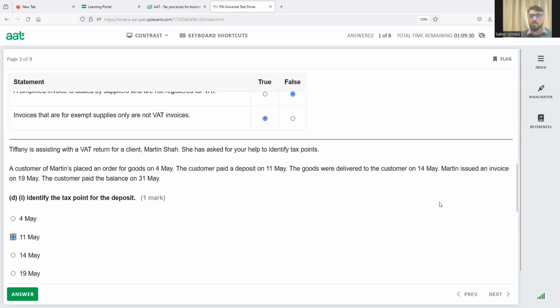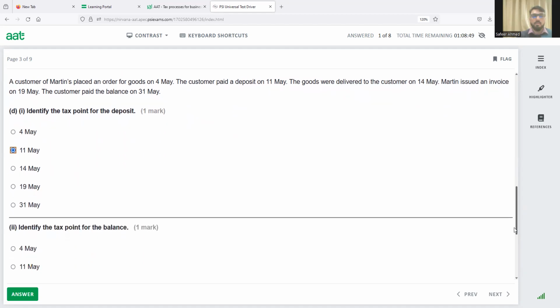Here, Martin issued an invoice on 19th of May, which is within 14 days of 14th of May. So the invoice date becomes your actual tax point. The customer paid the balance on 31st of May, which is after the basic tax point, so that's not applicable. So for the remaining part of this transaction, the tax point will be the invoice date, 19th of May, because the invoice was issued within 14 days from the basic tax point.